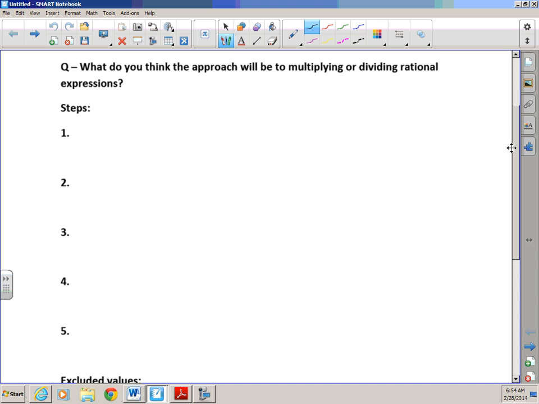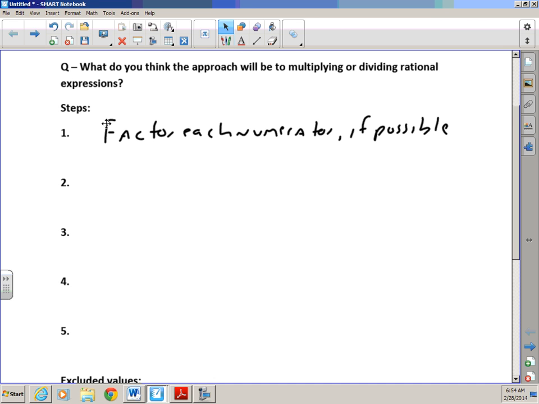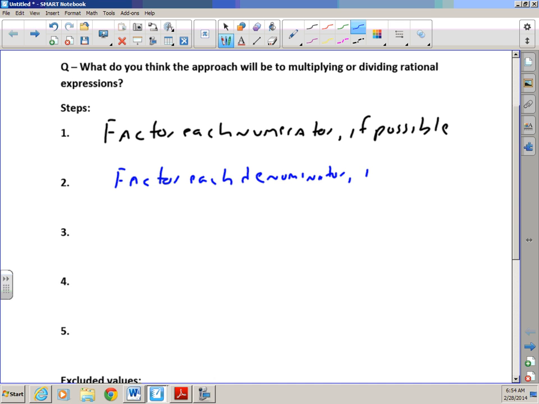So what do we think we want to do here? Well, one, we want to factor each numerator, if possible. Two, we want to factor each denominator, if possible.